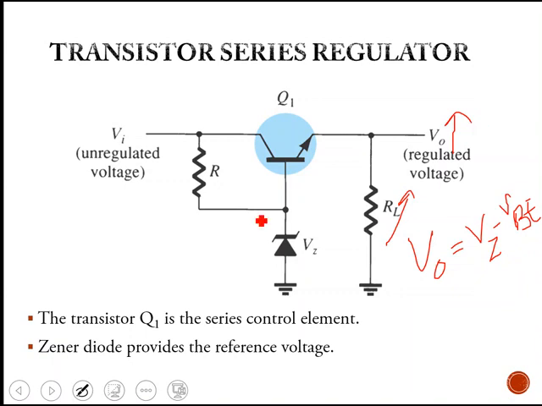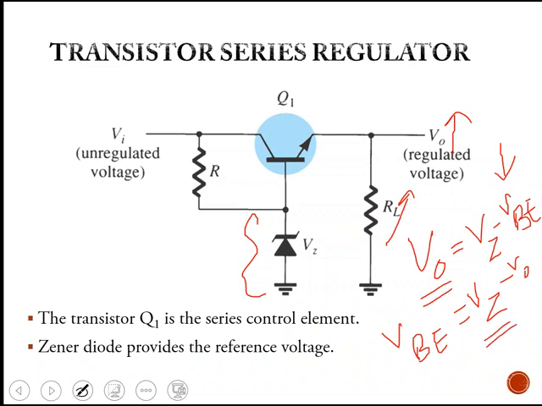Since this Zener voltage is constant, the increase in V0 causes this VBE to decrease. So we can write VBE is equal to Vz minus V0. As the Zener voltage is constant, the increase in V0 will cause this VBE to decrease.